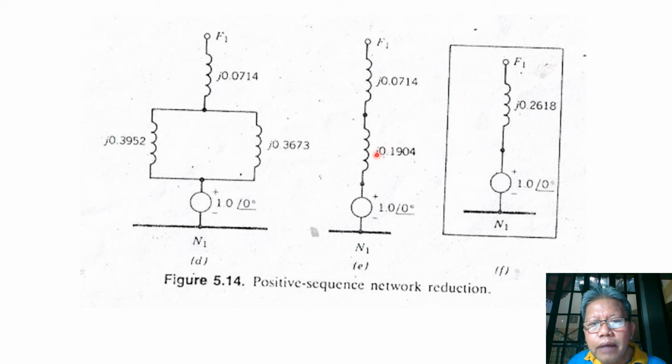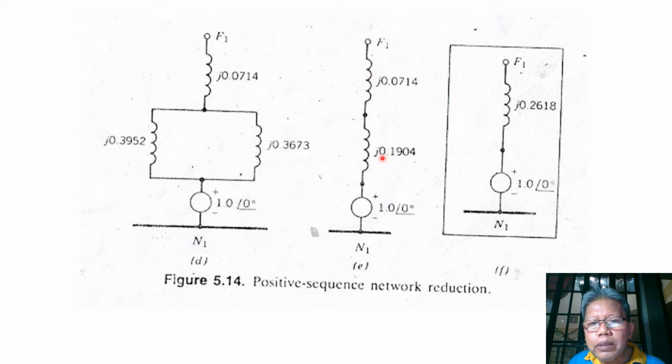So after combining, we restore the voltage of our generator. Now we only represent one voltage here, because the voltage of generator 1 is equal to the voltage of generator 2. So we can just combine them together with a per unit value of 1.0.